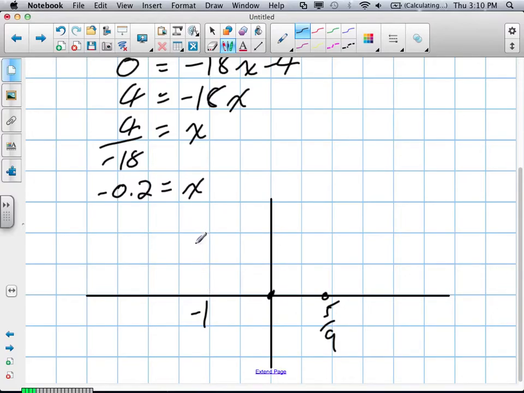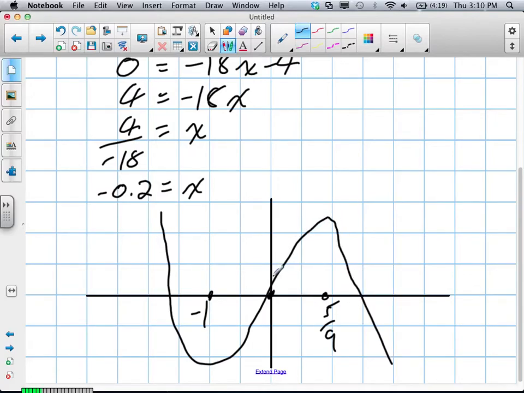And we knew that this graph was doing something where it came up, critical point here, and it comes down. We know its inflection now is at negative 0.2. So inflection happens here. That means if it is inflecting, we're changing from concave up to concave down after that.